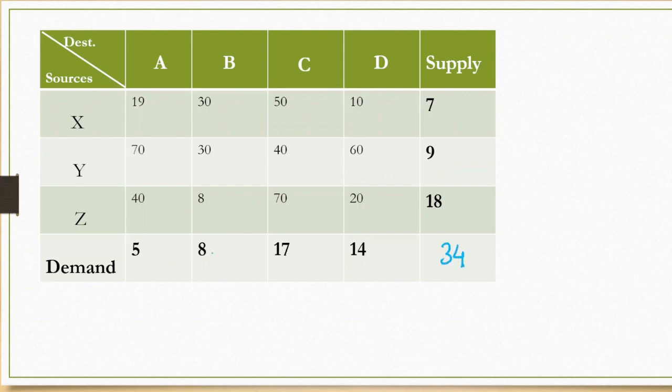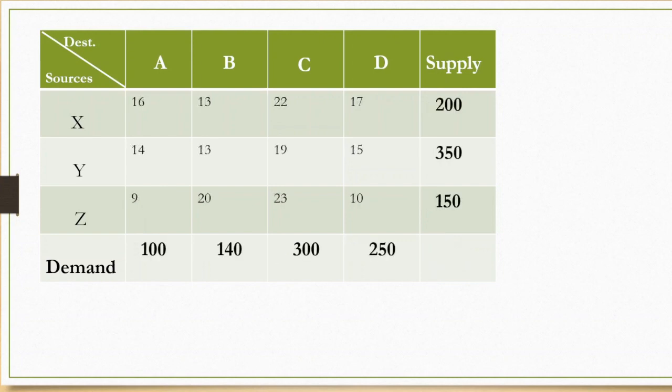Again here 8 plus 5 is 13, and 13 plus 17 is 30, and this is 34 and this is 44. So that's an unbalanced transportation problem. So how do we deal with the unbalanced transportation problem? I'll be talking about it in the next example.